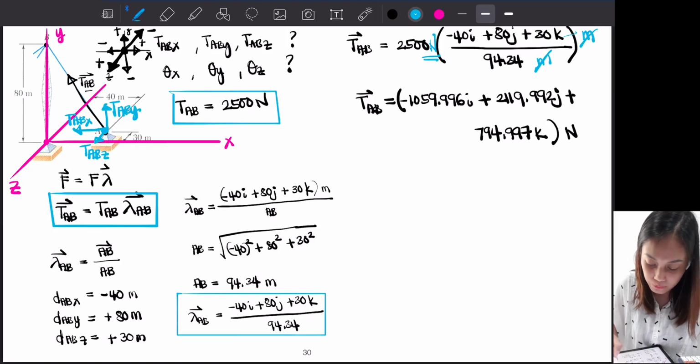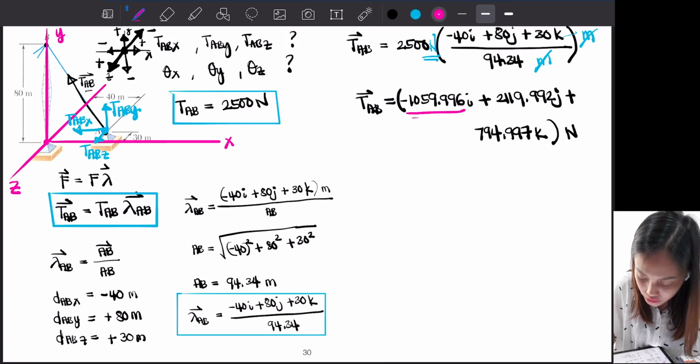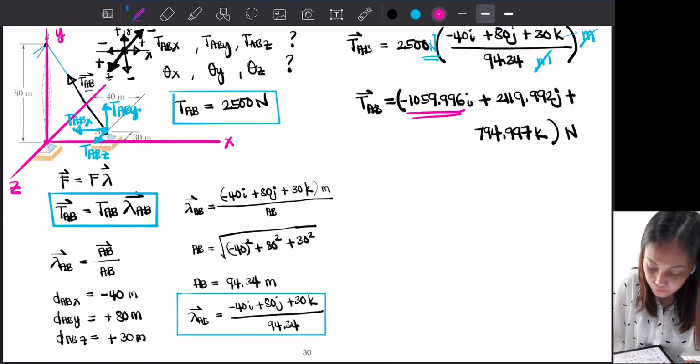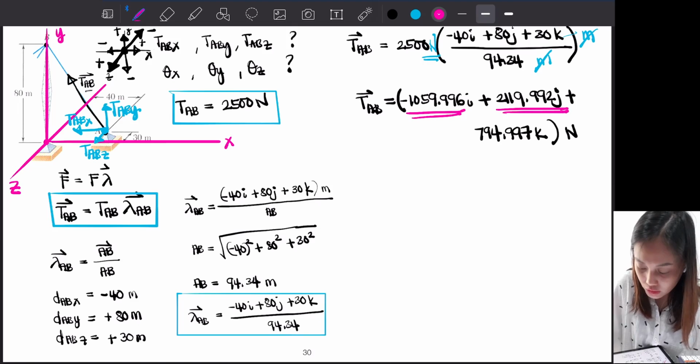Okay, from this value of vector TAB, this is our x component, this is the y component, and this is the z component.